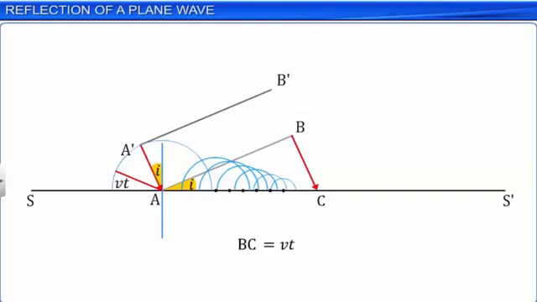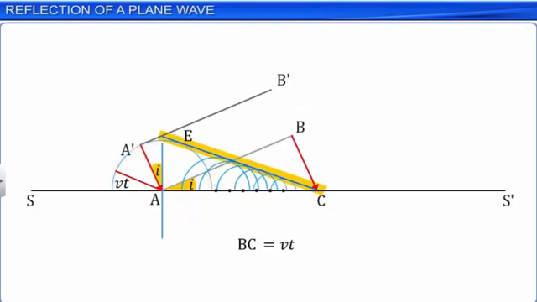Hence, a hemisphere with its center at A and radius equal to vt represents the secondary wavelet that originated from A at time t is equal to 0. If a surface, such as CE, tangential to the hemispherical wavefront and passing through the point C, is constructed, then CE would represent the reflected wavefront.